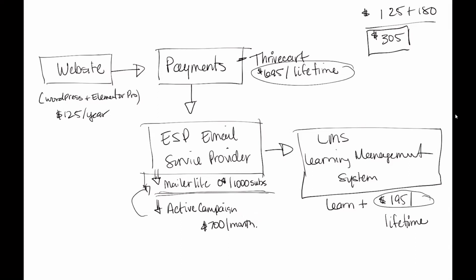But from an ongoing perspective, you're looking at about $305 a year for a powerhouse tech stack that takes care of so much of what you're going to need in your business in order to make your life easier, look professional, build credibility, build an email list, which we know is important, and ideally make some passive income because you've got courses and digital products sitting in your LMS ready for you to sell using Thrivecart Pro.